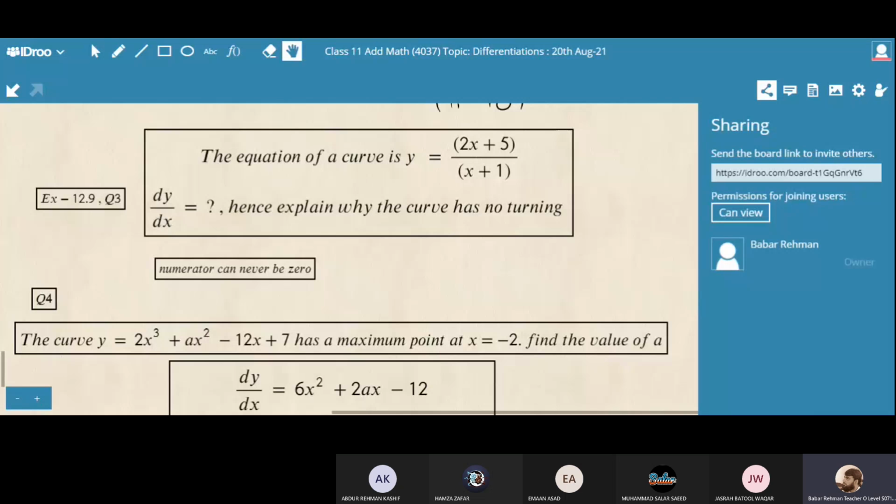If you put any value of x, it can never be 0, because the numerator of the derivative is never 0. That is why there is no turning point. A turning point comes when the derivative is equal to 0; here the derivative will never be 0. This is the reason it will not have a turning point. Hope you understand. Yes, sir.